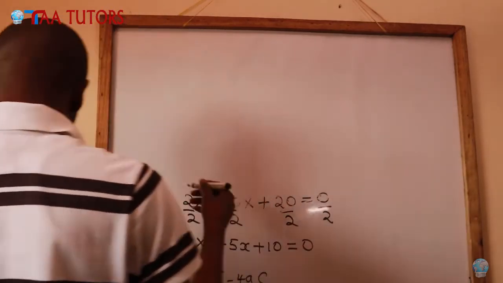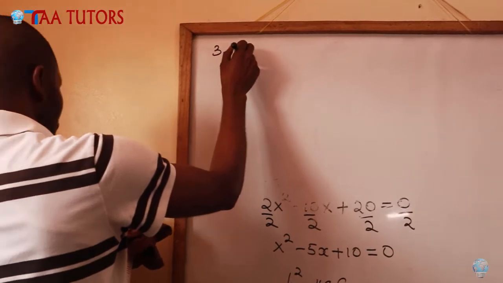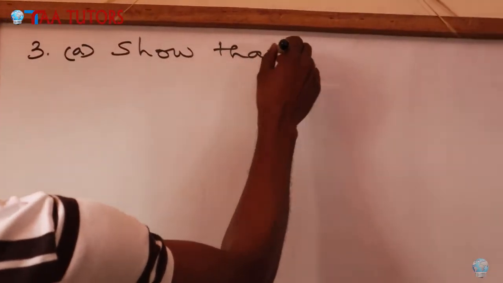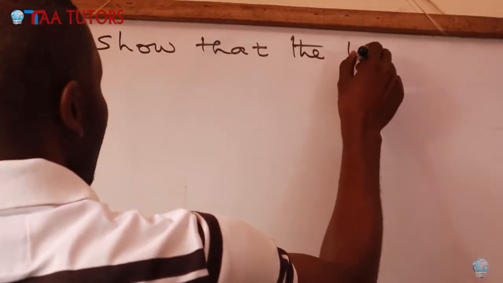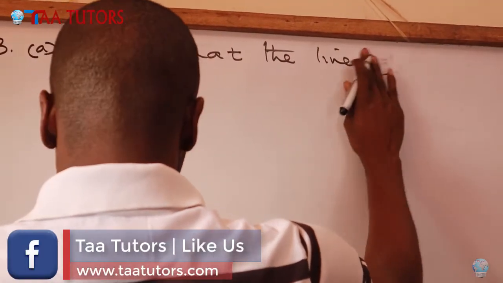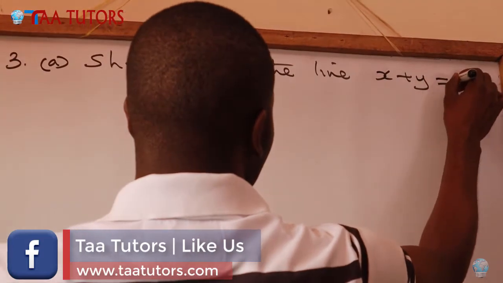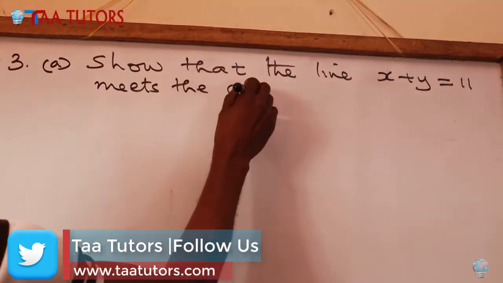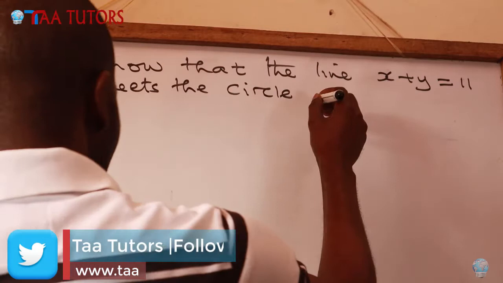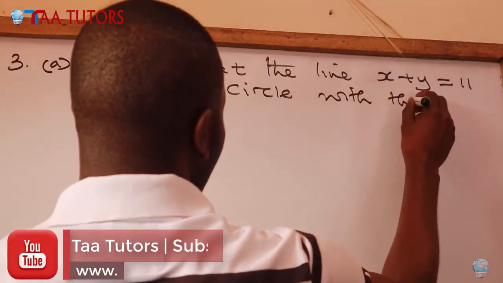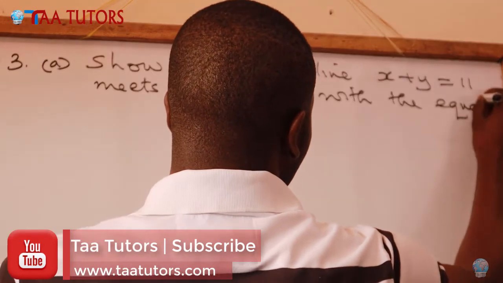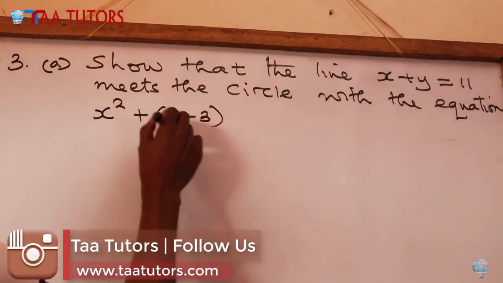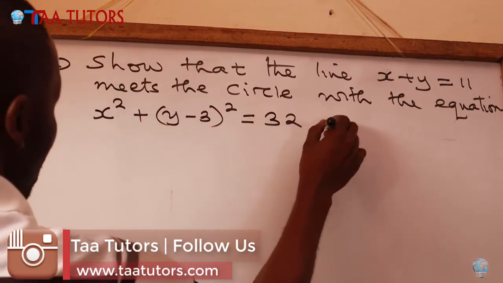Example 3a is saying, show that the line x plus y equals 11 meets the circle with the equation x squared plus (y minus 3) squared equals 32 at only one point.